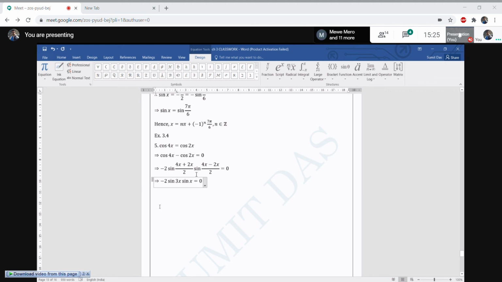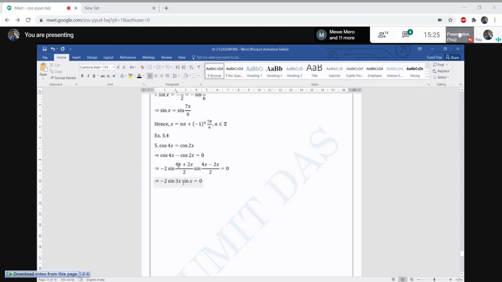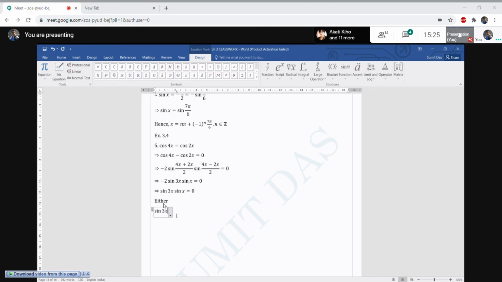So this is also a sine term. Either sine 3x equal to 0 or sine x equal to 0. It will be the same as before. Next line I can write: either sine 3x equal to 0, which is equal to sine 0.